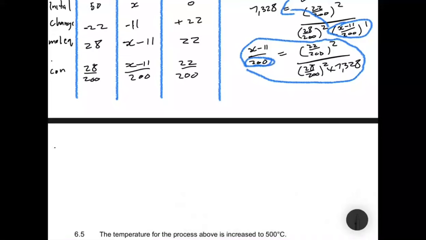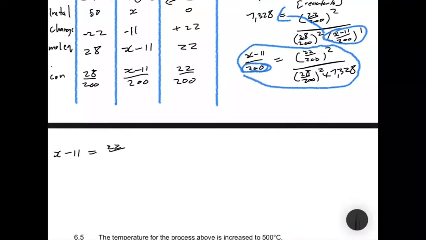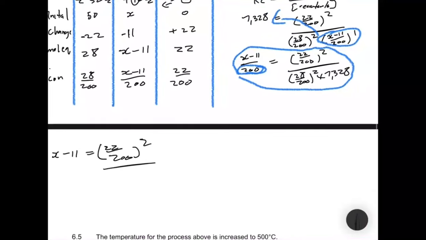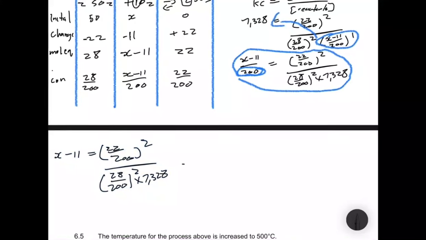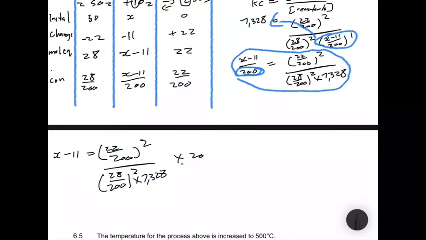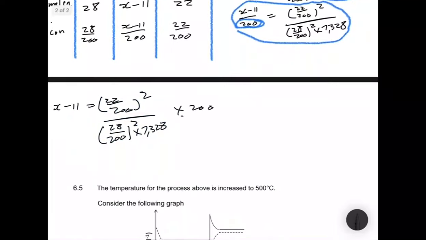So if we do that, we're gonna have x minus 11 is equal to 22 divided by 200 again squared, divided by 28 divided by 200 squared, multiplied by 7.328, and then we multiply everything by 200, right? So now you can see that you just add 11 to both sides and you determine x.